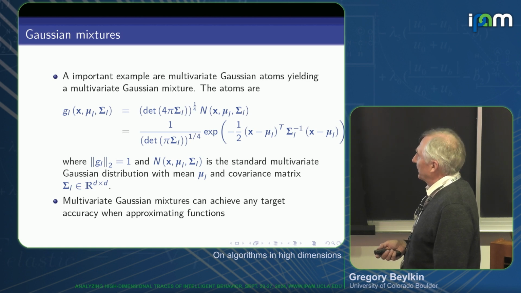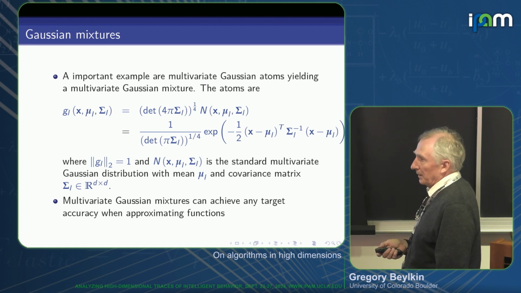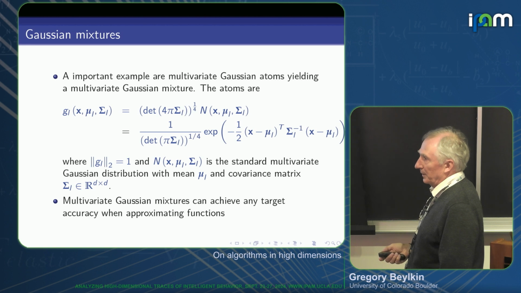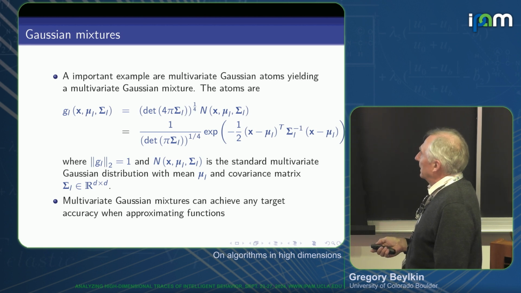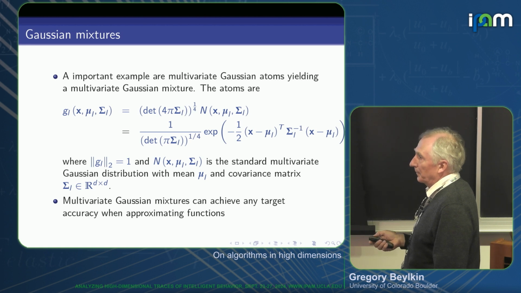Okay? It can be shown that multivariate Gaussian mixtures can achieve any target accuracy when they approximate functions, because now they can adjust to various things. There is actually a multi-resolution Gaussian basis as well.